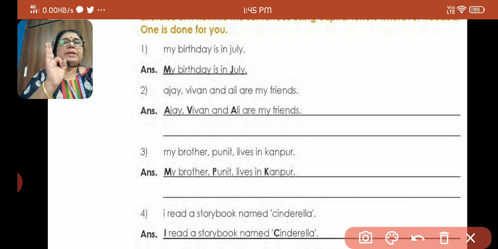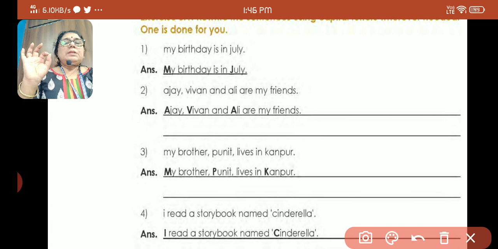Proper nouns always begin with a capital letter. Then we have the names of books, names of movies are always written in capital. And pronoun I is always written in capital, whether it's in the beginning, middle or end of the sentence, right?